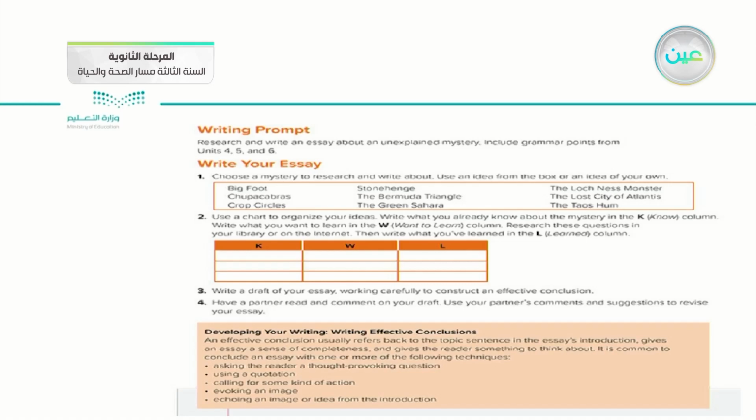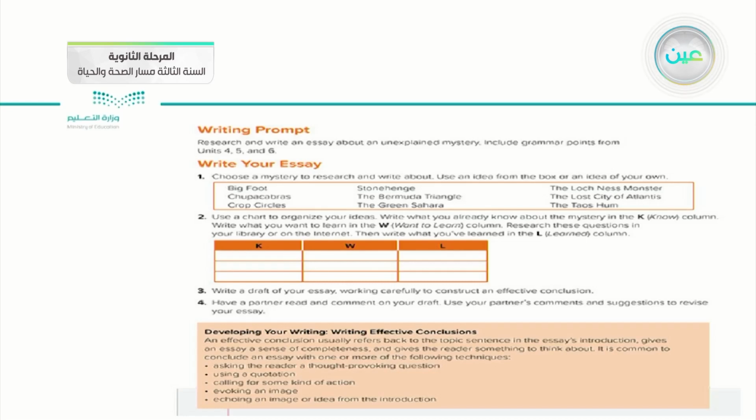So we should apply the grammar from Units 4, 5, and 6, which we discussed before, in your essay. We talked about adjective clauses, relative pronouns, and quoted speech and reported speech, and there is a lot of grammar. If you want to review, you can return to your pupil's book on the pages.